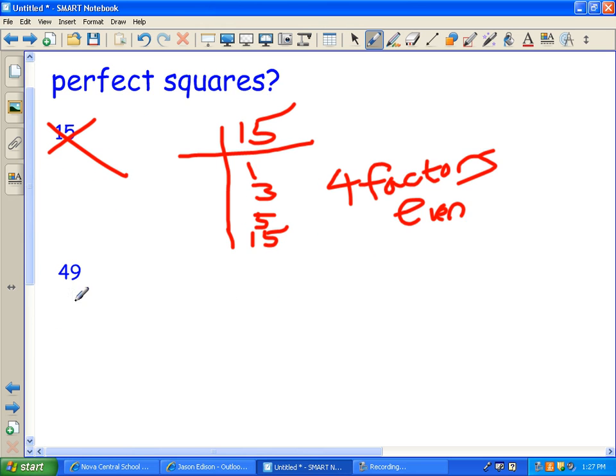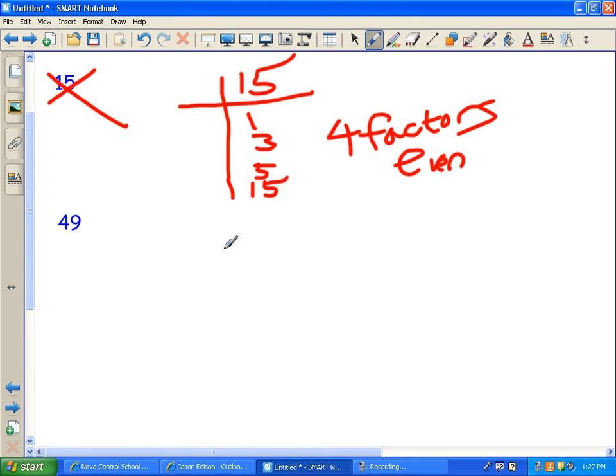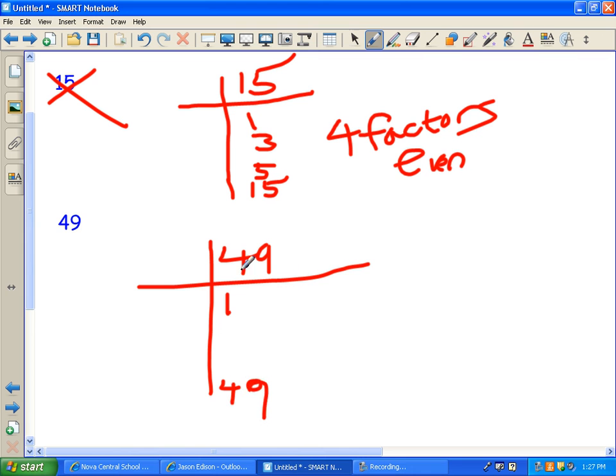Checking out this one here, 49. And if we write down 49, we know it's 1 times 49. And then 2 does not work, 3 does not work. We know that 7 certainly does work. And 7 times 7 is 49. So 7 repeats twice, because it's times 7, but we only write it once.